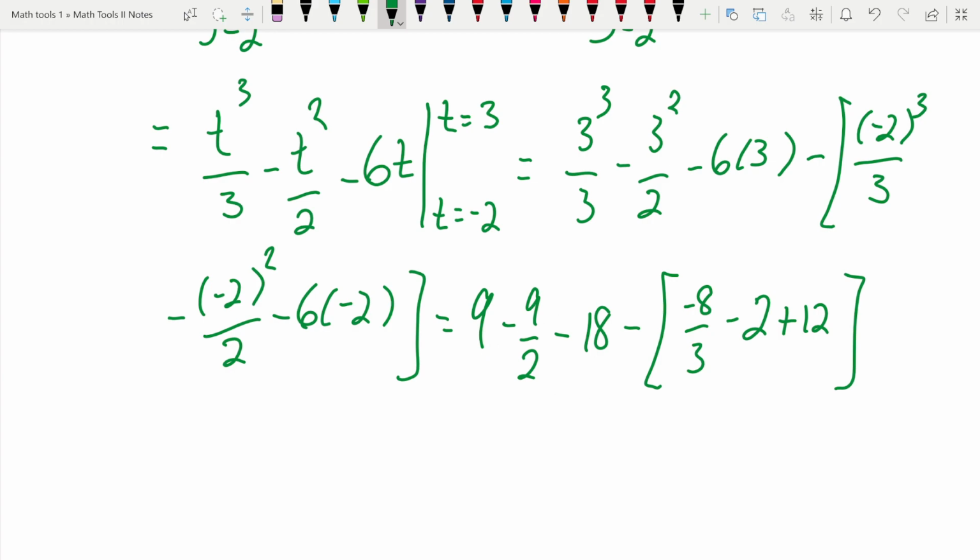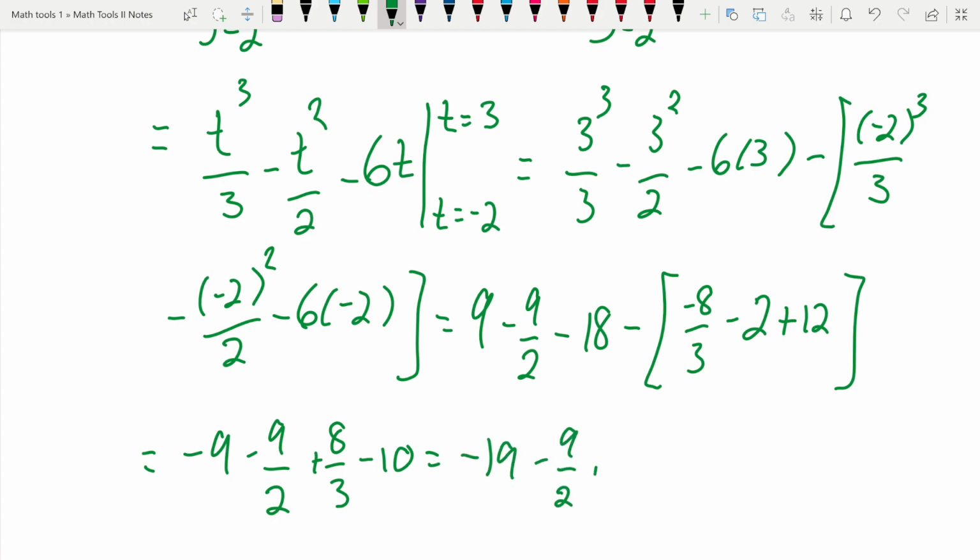So let's see here. We'll try to combine. So we got -9 minus 9 halves plus 8 thirds. This is 10, and then we're minusing it, so minus 10. So we have -19 minus 9 halves plus 8 thirds.